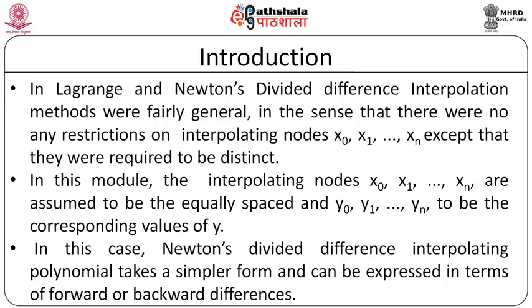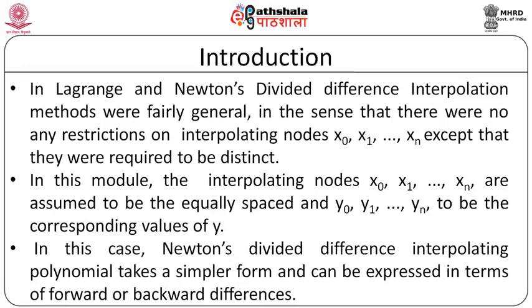This is because many processes are observed at regular intervals of time. So, if we have additional information that the nodes are equally spaced, can we take advantage of that information and get somewhat simpler formulae for interpolation problems?